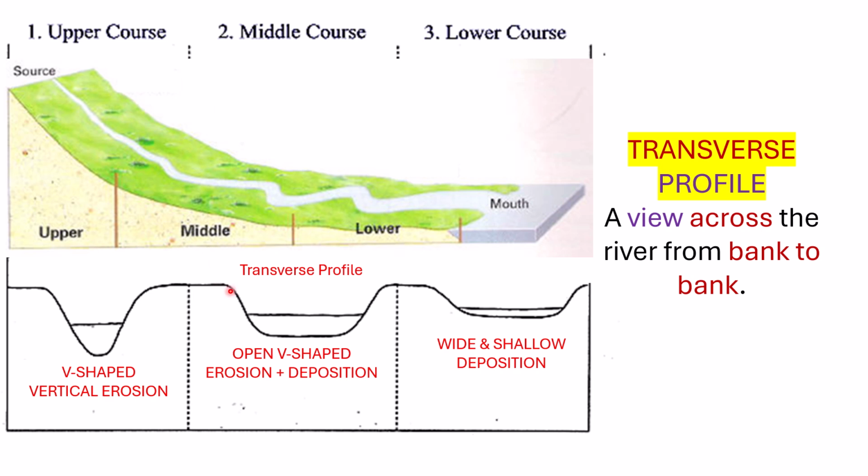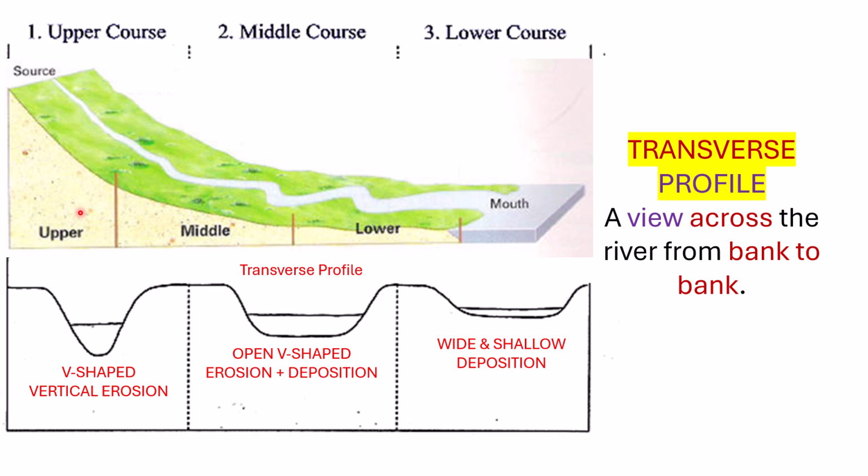When it comes to the transverse profile, it's very important to be able to draw a sketch of the transverse profile, in addition to being able to explain and describe the shape of the transverse profile, but also to explain why the transverse profile in the upper or the middle or the lower course takes on that specific shape.